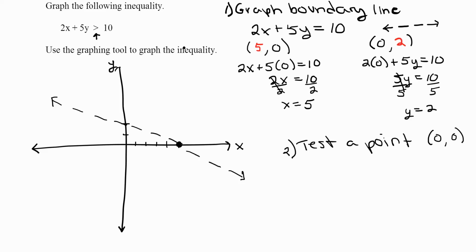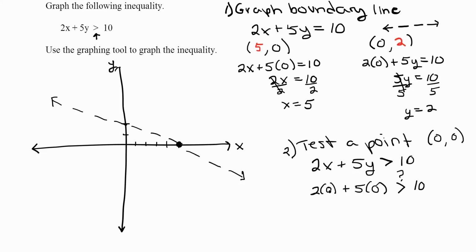So now I'm going to go back to my inequality here: 2x plus 5y is greater than 10. And I'm going to plug in the point (0, 0) to see if this makes a true statement. So 2 times 0 plus 5 times 0, is that greater than 10? I'm putting the question mark there because we don't know.